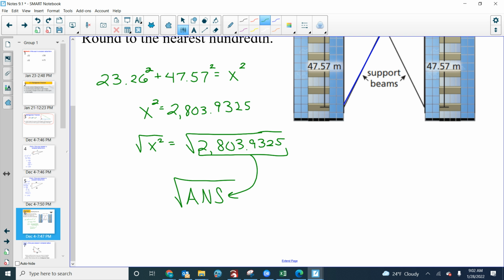Yeah, 44 minus 16 is 28. So B squared here would be 28. Equals... No, you're square rooting and not squaring it. Oh, that's right. Can I see your calculator real quick?